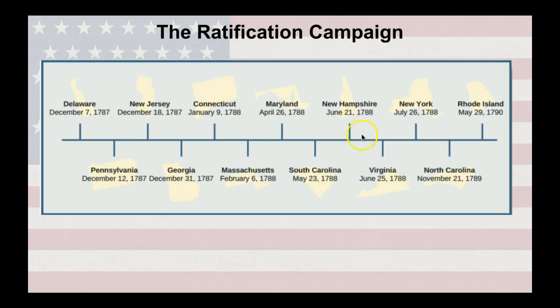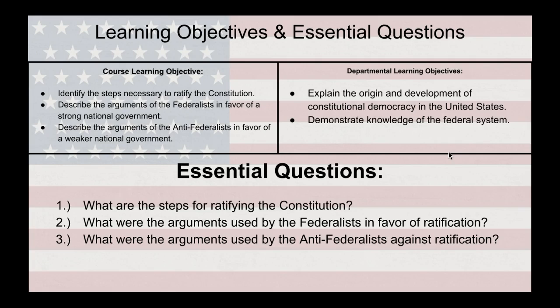And then this is sort of where we have those hurdles. Virginia comes in. They will approve it just a little bit after New Hampshire does. New York will in another month or so, and then North Carolina and Rhode Island are going to be those bringing up the rear, with Rhode Island really holding out. And so this is essentially the ratification process of the Constitution.